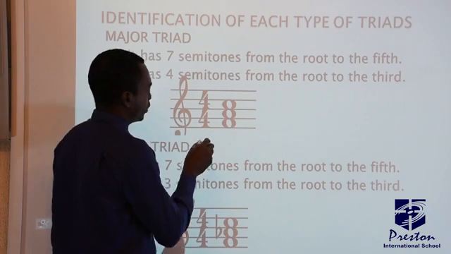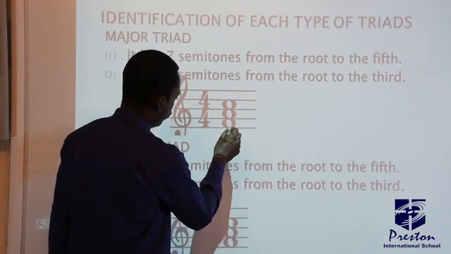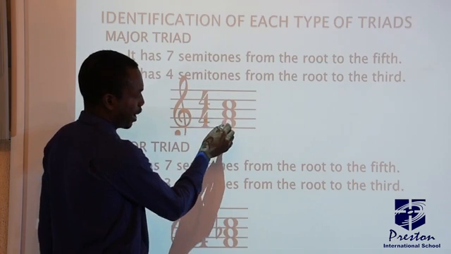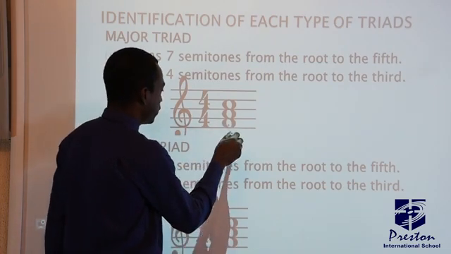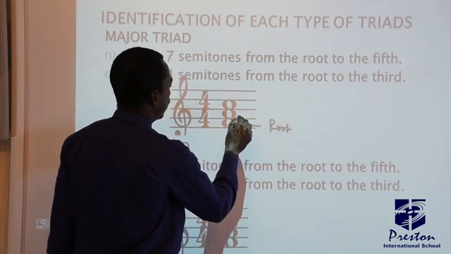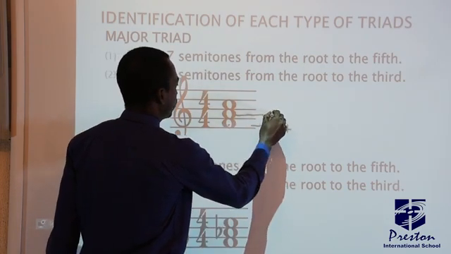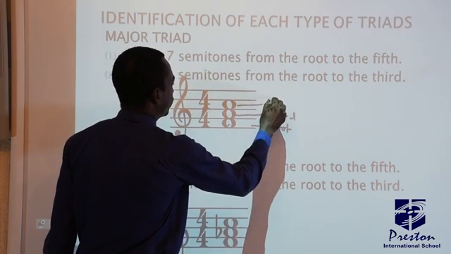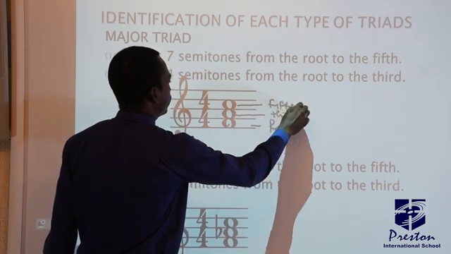Where is the fifth? Let me show you the first note here. We have 3 notes written together here. The first note here is known as the root. The second note here is known as the third. And the last one here is known as the fifth.